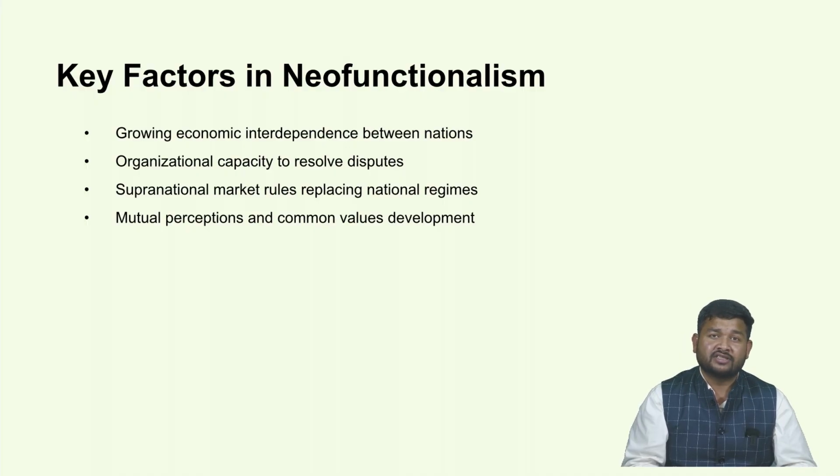These organizations are not merely economic clubs; many of them have security dimensions, political dialogue forums, and conflict management mechanisms. Regionalism thus provides an institutional framework that can embed functional cooperation in a specific geographical space, turning abstract ideas about technical collaboration into concrete programs and agencies.